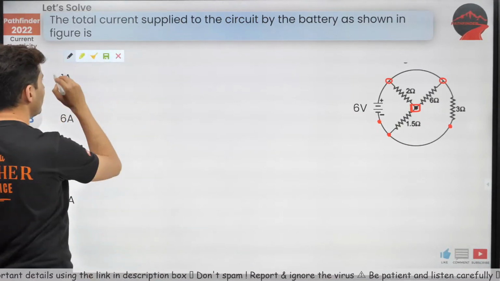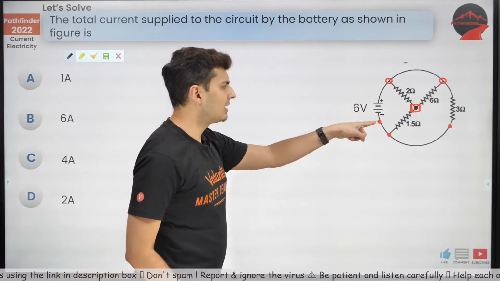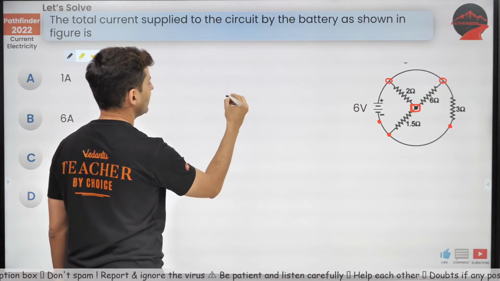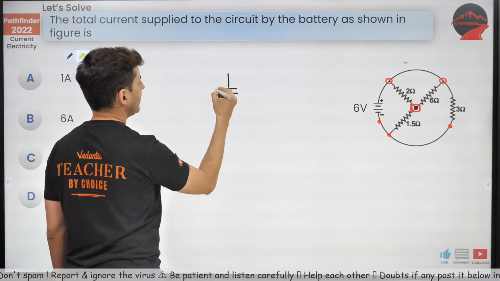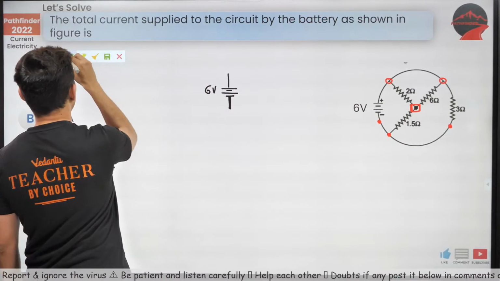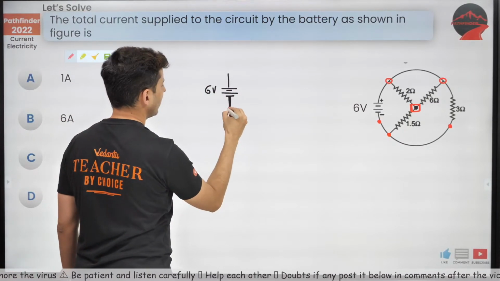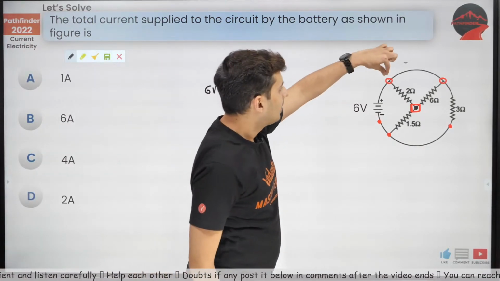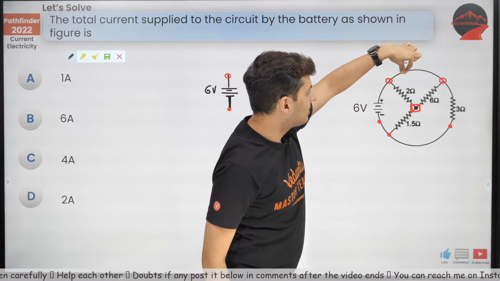Now try to draw the circuit. How? Start from any point, let's say this dot. First I will draw the battery. Okay, 6 volts battery. So where did I start from? I started from that dot, and then I have gone through the circle. Now what do I get? There are 2 circles, you can see there is a wire.